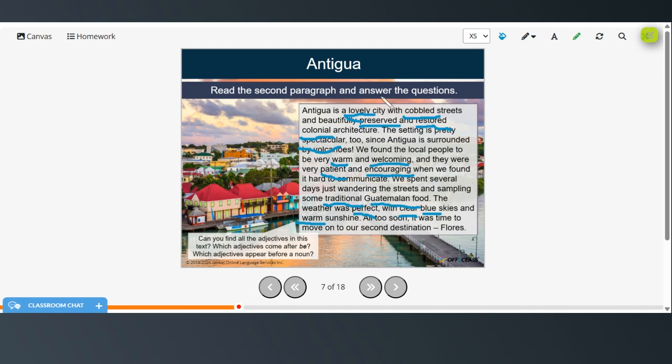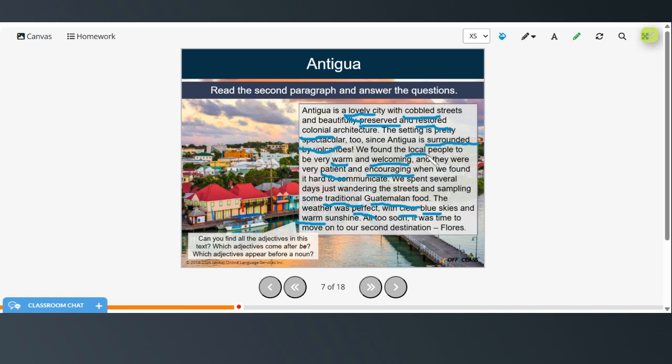All right, so lovely comes before a noun, cobbled before a noun, preserved, restored, and colonial all come before the noun architecture. Spectacular comes after the to be verb is. Actually, surrounded would be another one that follows the to be verb is.